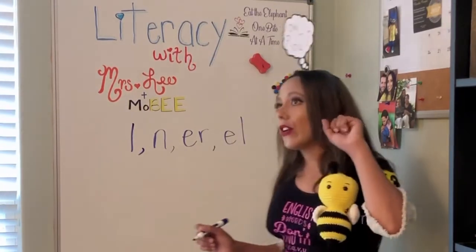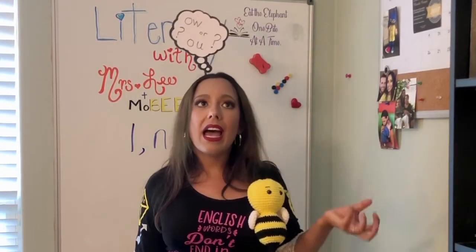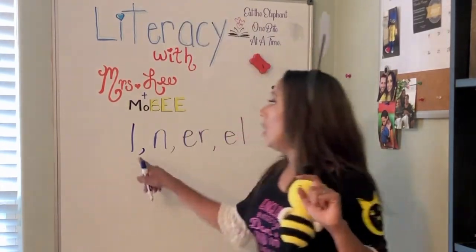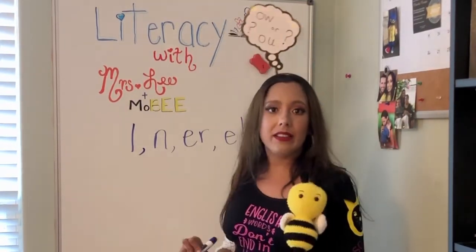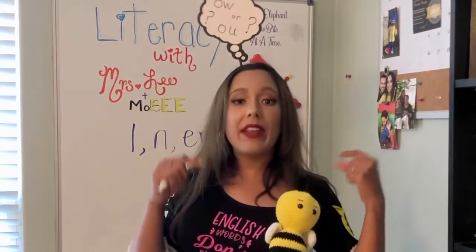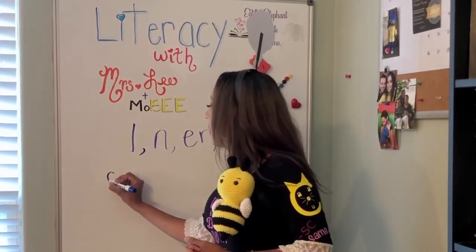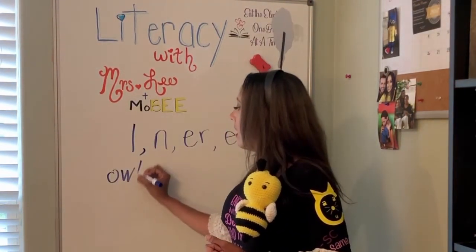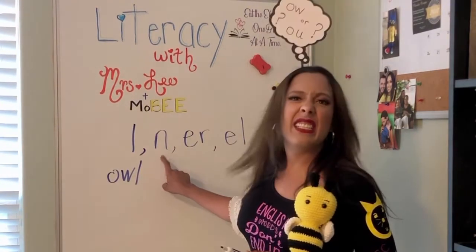Owl. I hear at the beginning ow, and I hear at the end, my ending sound is owl. So because it ends in that sound and it starts with the ow sound, I know that that ow sound is spelled OW, as in owl.